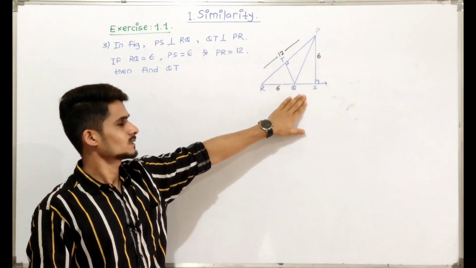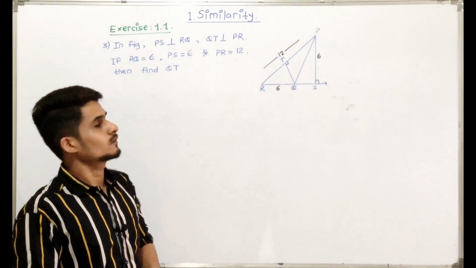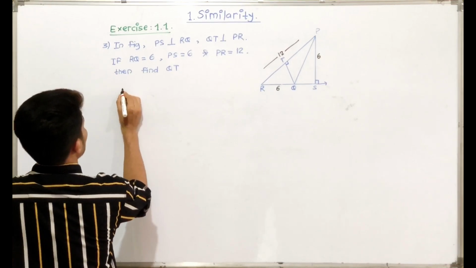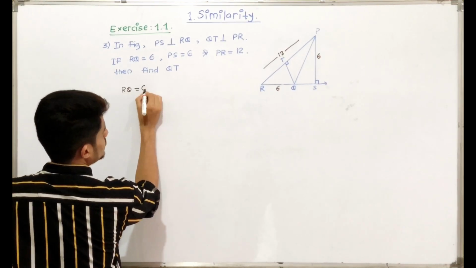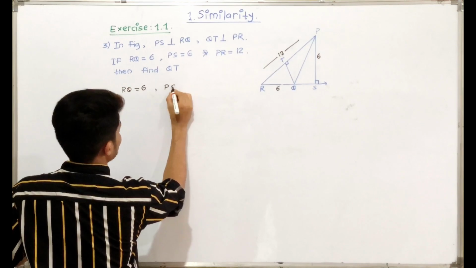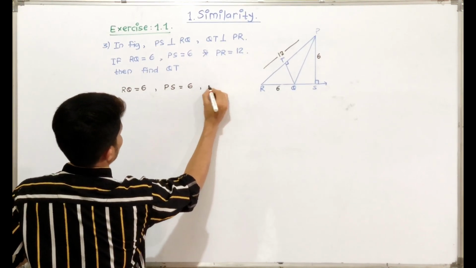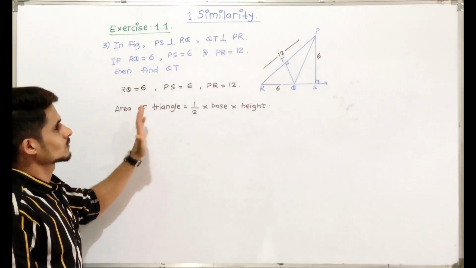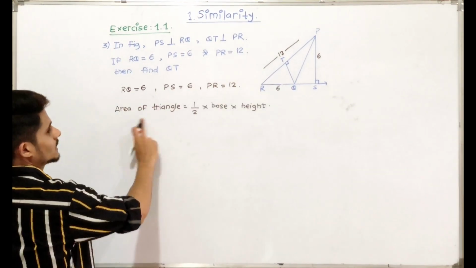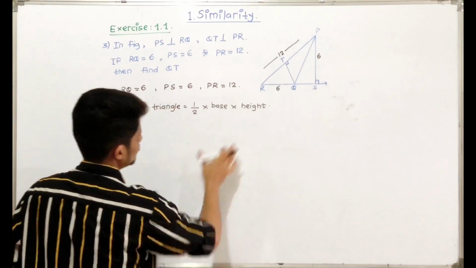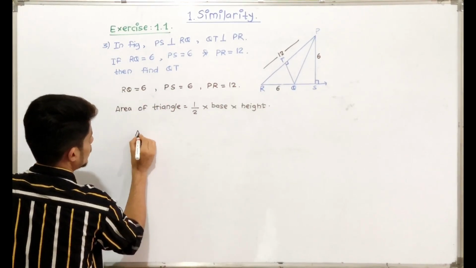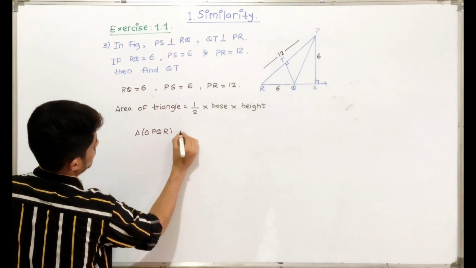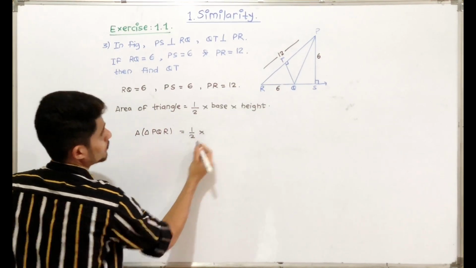We'll solve this sum using the formula of area of triangle. It is given that RQ is equal to 6, PS is equal to 6 and PR is equal to 12. Firstly, we'll write the formula: area of triangle is equal to half into base into height. Now we'll take the area of triangle PQR, half into base.